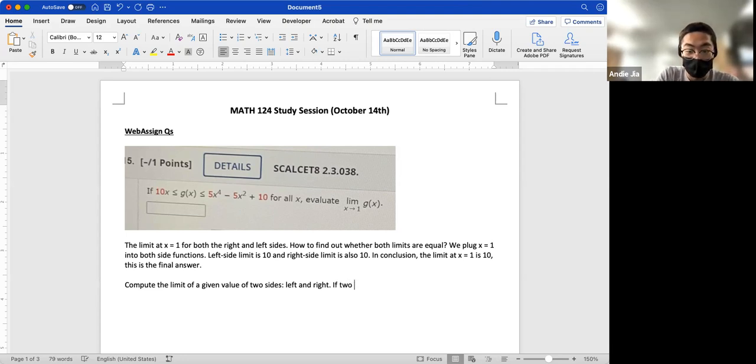If the two outputs are equal, then the limit exists.